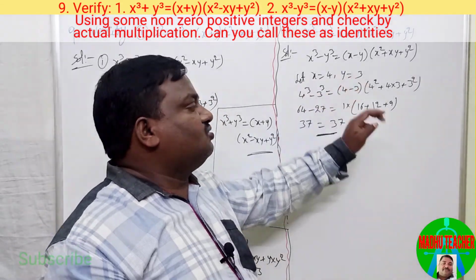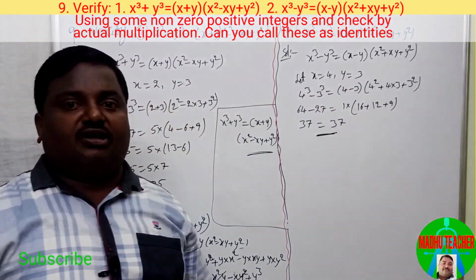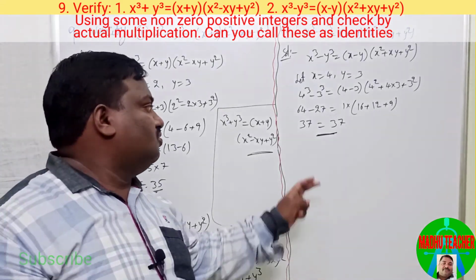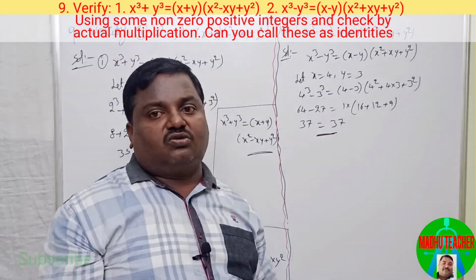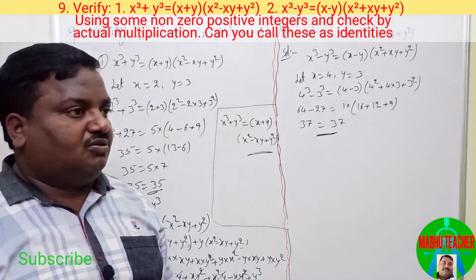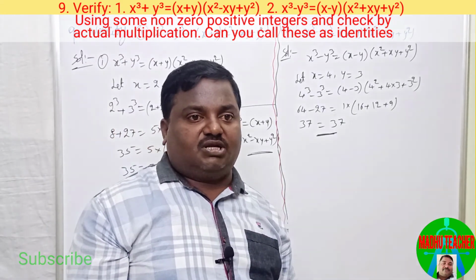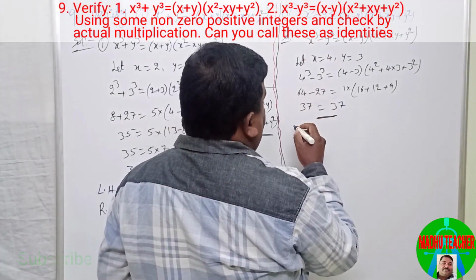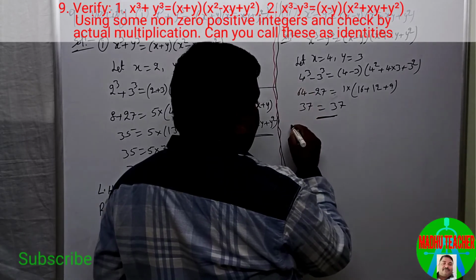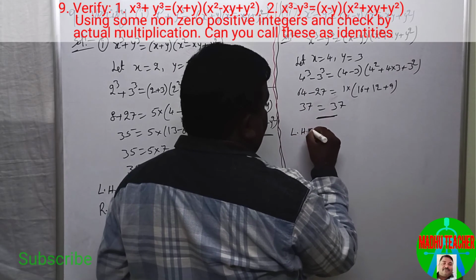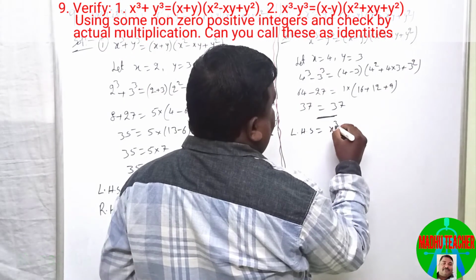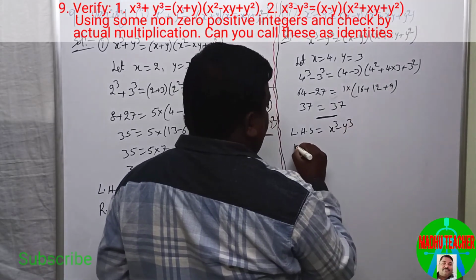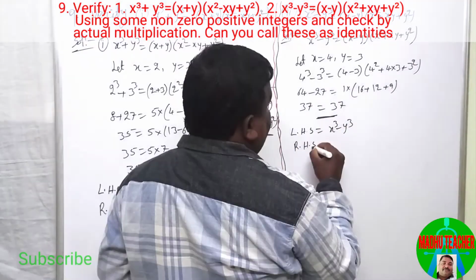Not only these values, by substituting any non-zero positive integers we can get LHS equal to RHS. We can try with other numbers. Okay. So by multiplication, what is the LHS? LHS is x cube minus y cube. What is the RHS?